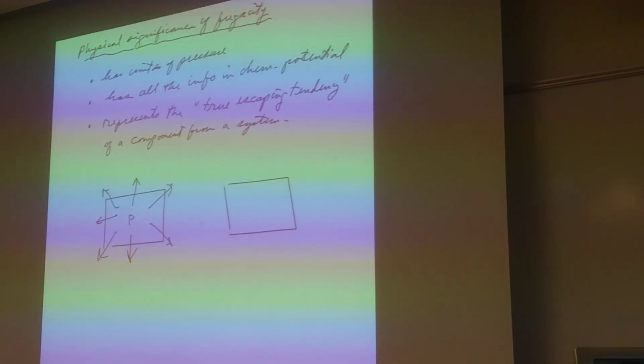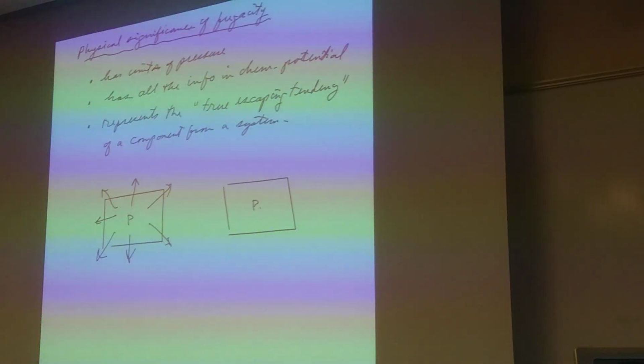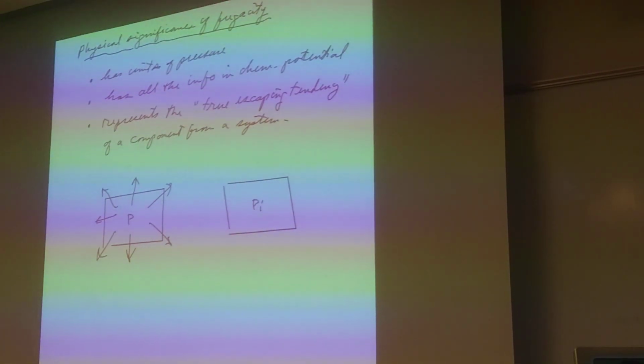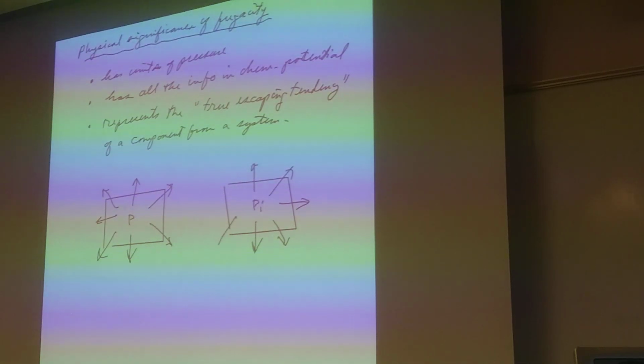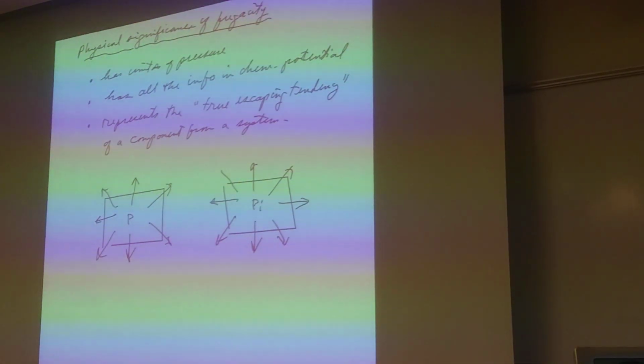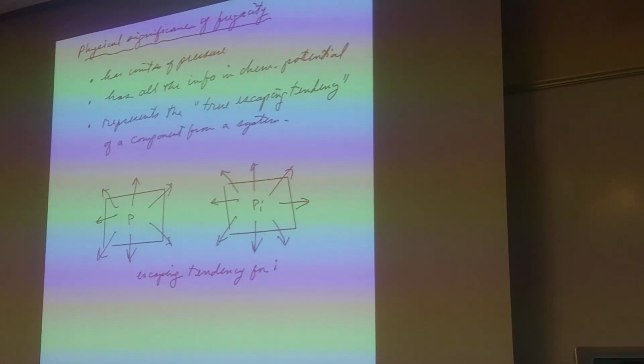And if I have a component i in a system, and I have it bound by walls that are permeable to component i, that this partial pressure represents the escaping tendency of that component i from the system. So that's escaping tendency for ideal gases.